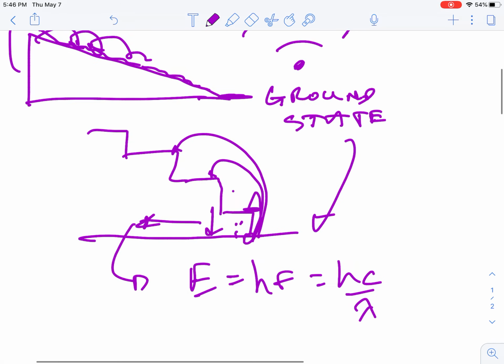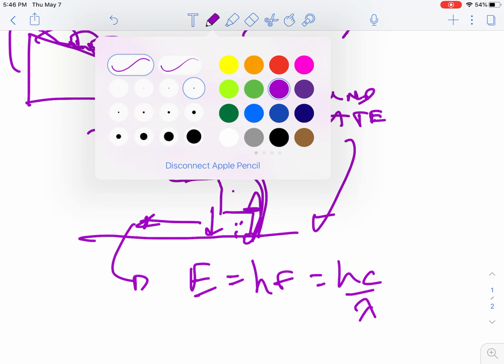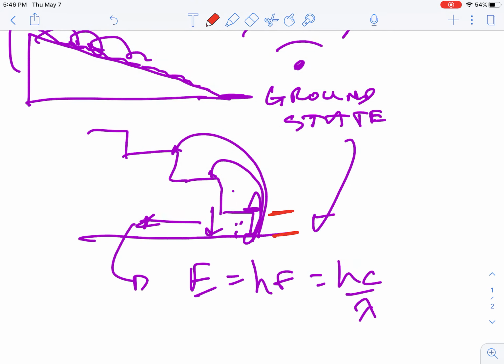So what that red band of light would indicate is that this electron within this atom can absorb this energy, go from here to here, and kick out a red light.